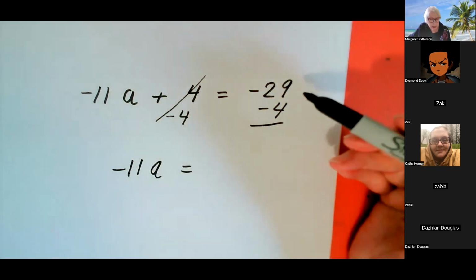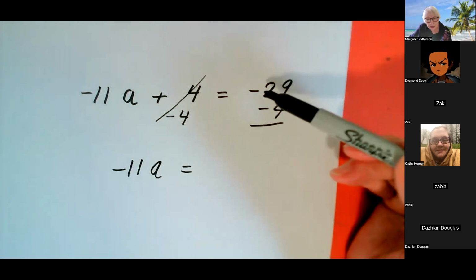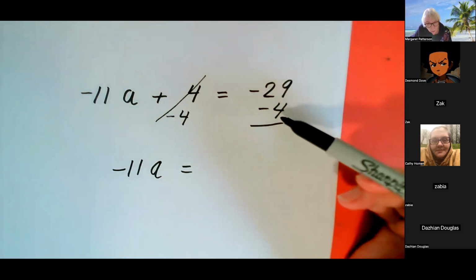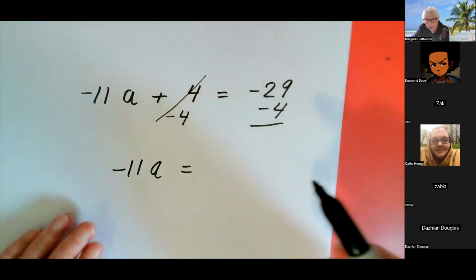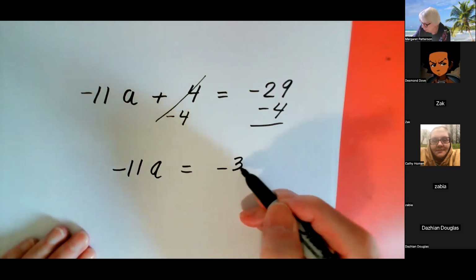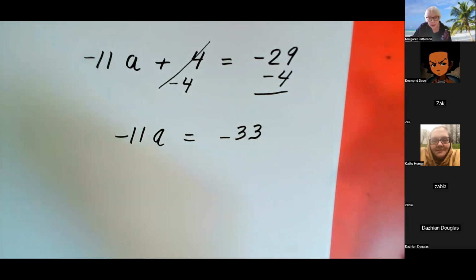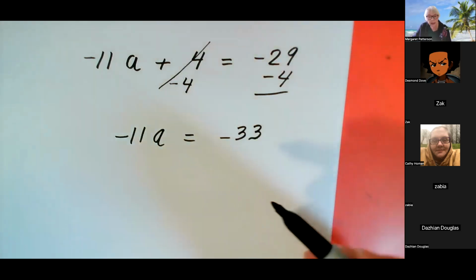You have to put these together. This is -29, and then some more -4. So when you actually add these, this is -33, which is really nice because now it's going to divide well. This is negative and then more negative, so you're adding.